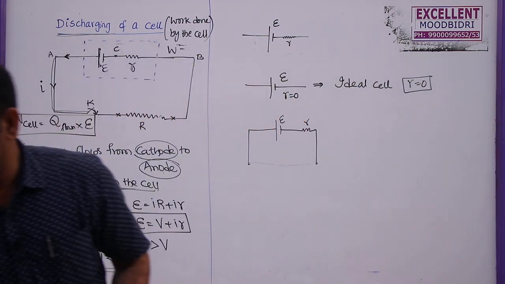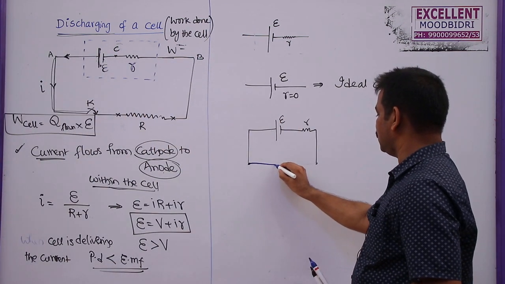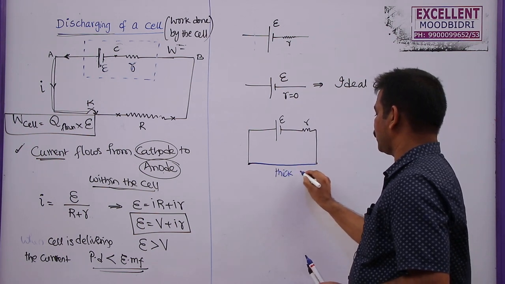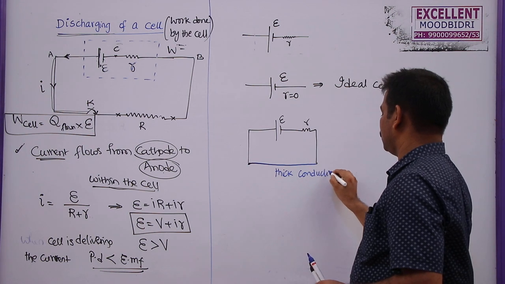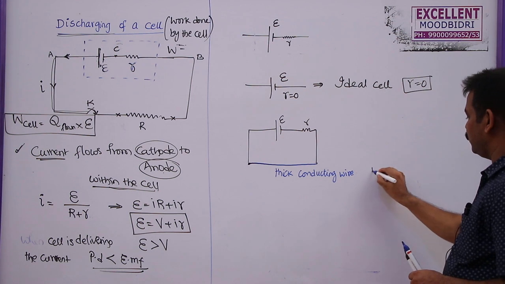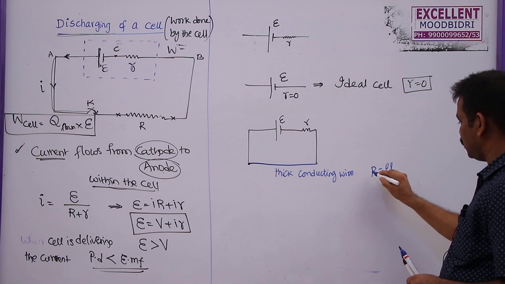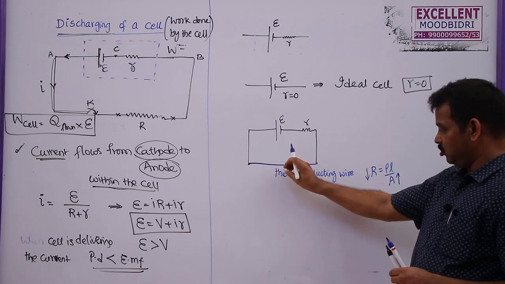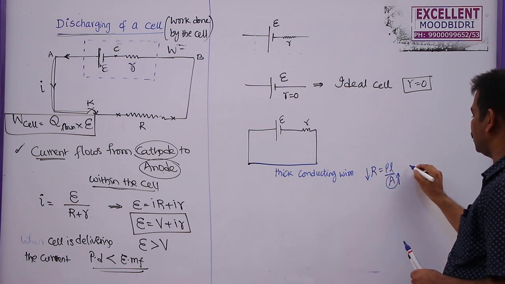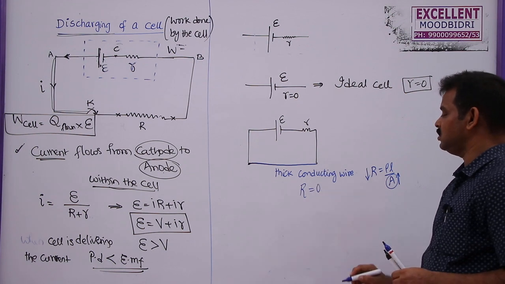When the thickness of the wire is more, the cross-sectional area will be more. We know that R is equal to rho L by A. When area is more, resistance will be less. For a thick wire, as area is too high, resistance will be too small. So we can write, for a thick conducting wire, the resistance is taken as nearly 0.